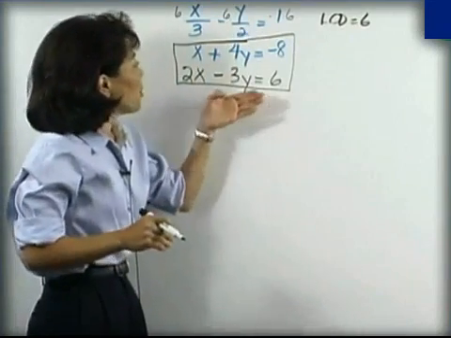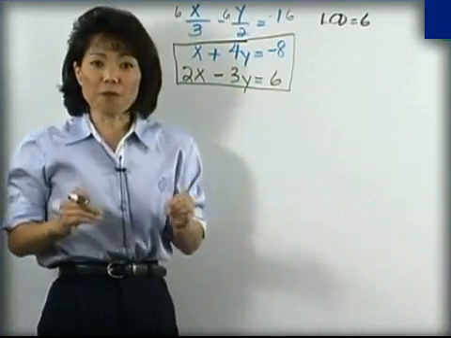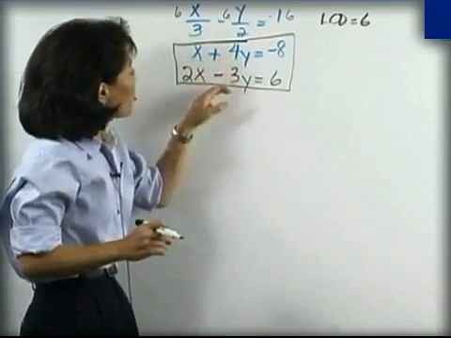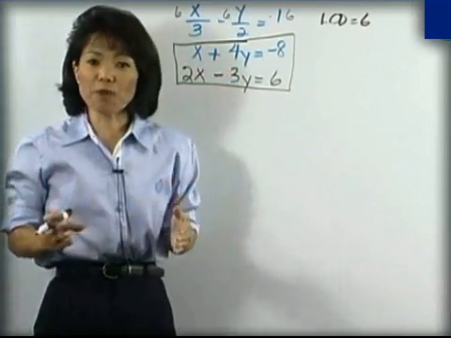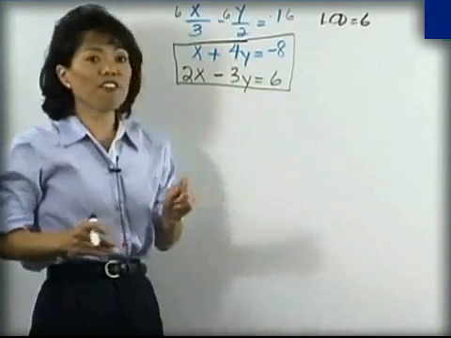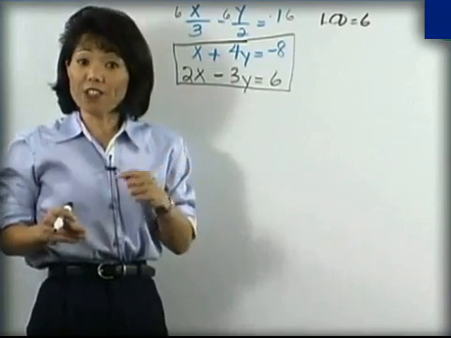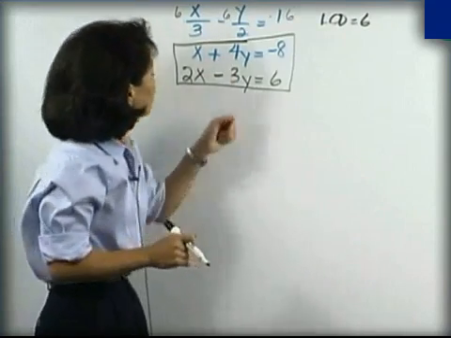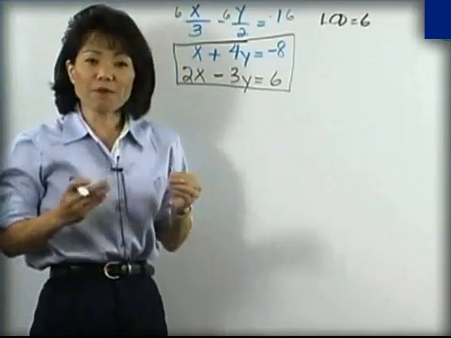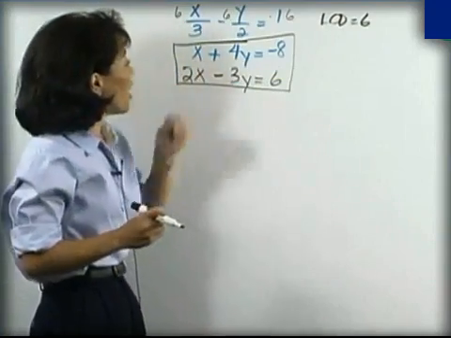So now again, we're going to incorporate what we call the substitution method for solving the system. Again, analyze your two equations. Determine which one of these equations will be easier for you to solve for a single variable, either x or y. It makes no difference. I think you would agree by looking at this second equation, it's going to be fairly simple to solve for x.